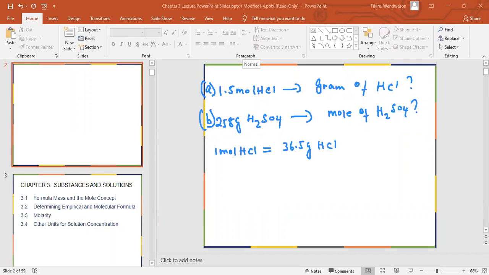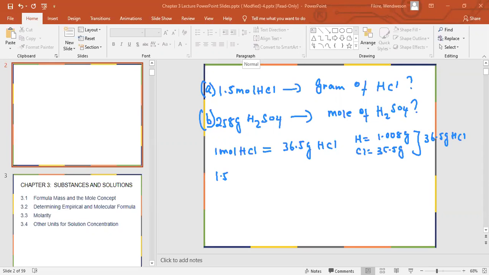How do I know that? Again, my reference is the periodic table. Hydrogen is about 1.008 grams, approximately. Chlorine is 35.5 grams. If you add this up, you get about 36.5 grams. So that's for 1 mole. Now they want you to calculate for 1.5 moles.